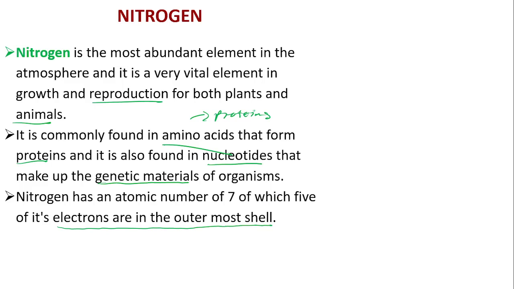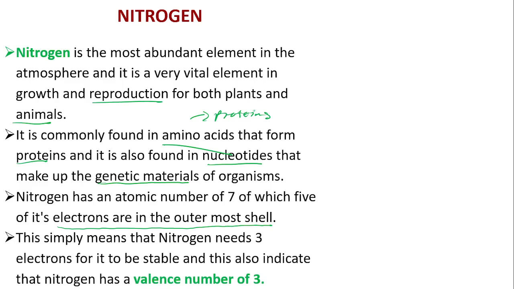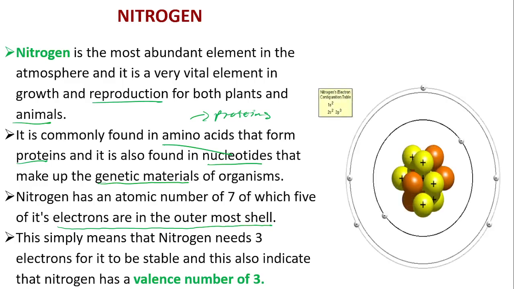In the outermost shell you have 5 electrons, but you cannot say that 5 is the valence of nitrogen. The valence of nitrogen is 3, because nitrogen needs 3 electrons to be stable.